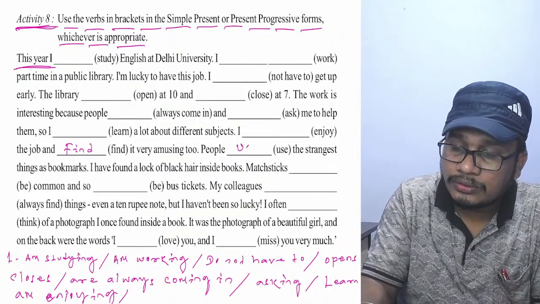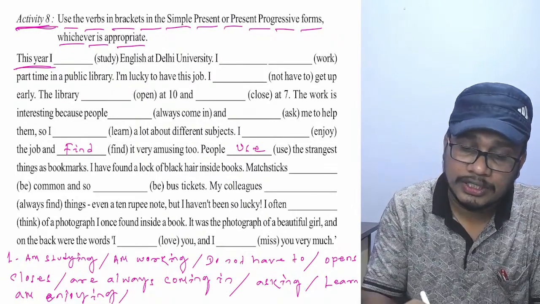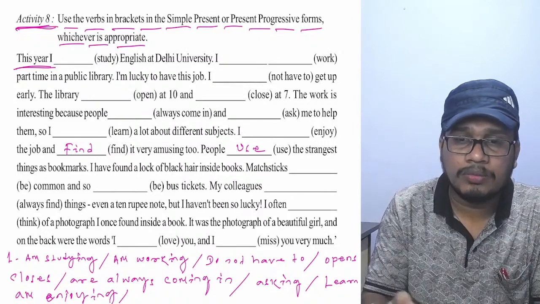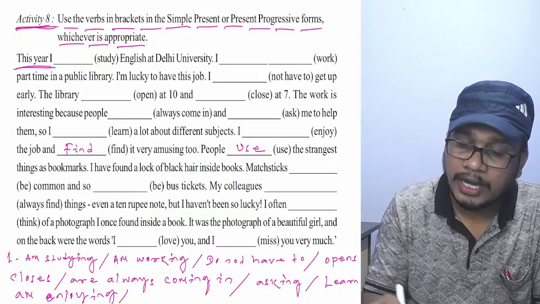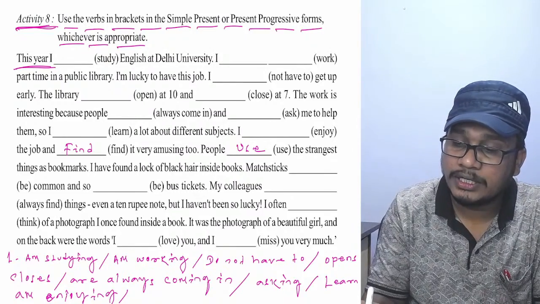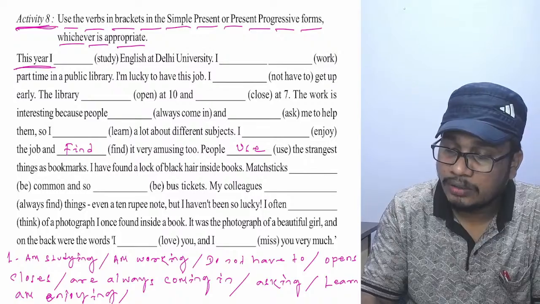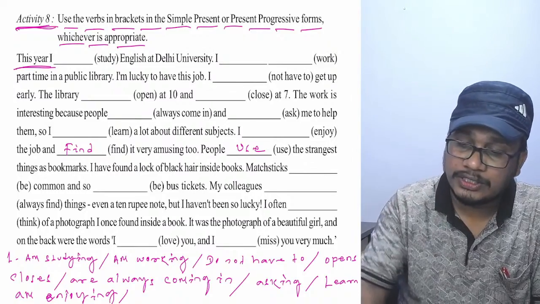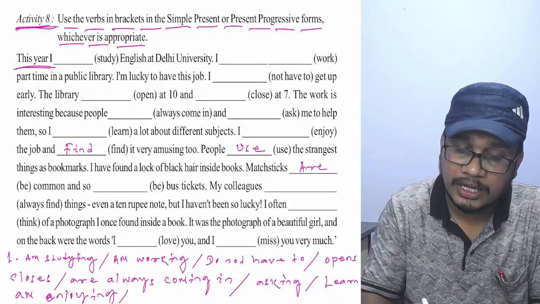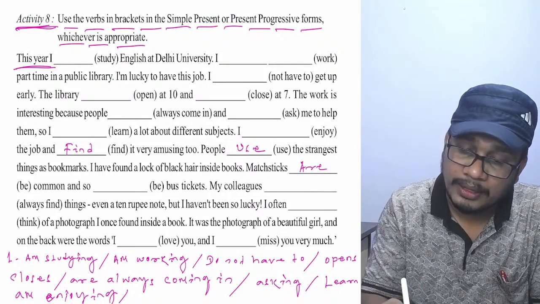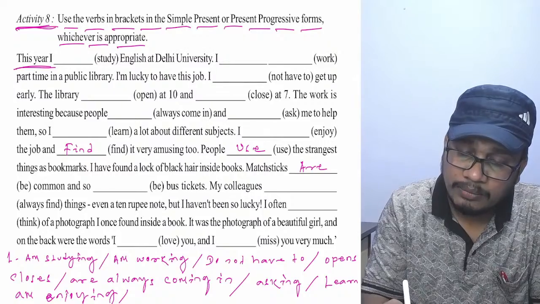People use the strangest things as a bookmark. I have found a lock of black hair inside a book. Matchsticks are common, and so are bus tickets.